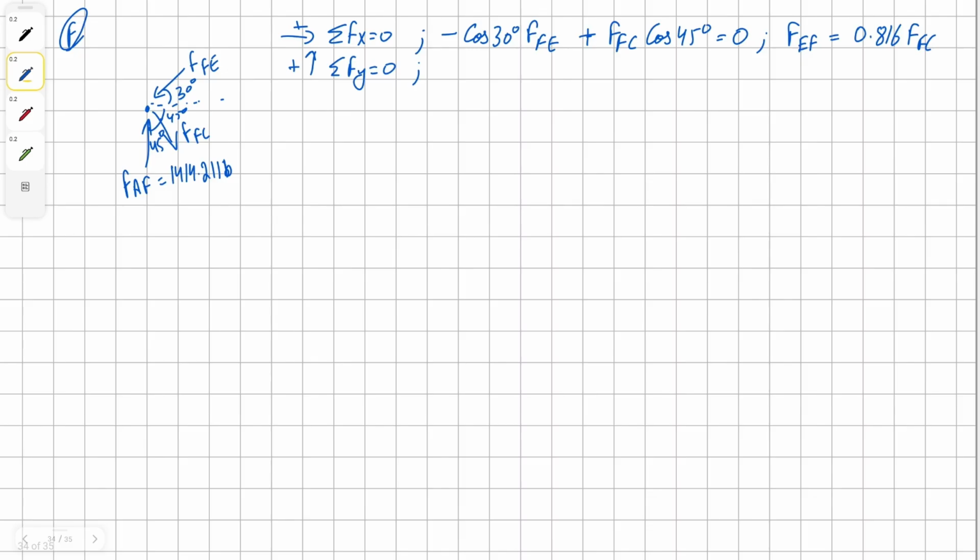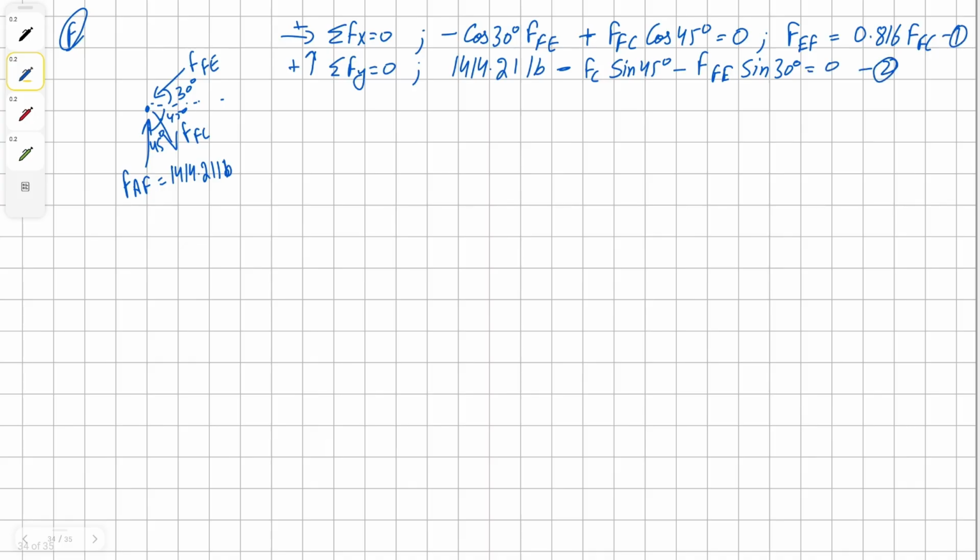We have known AF, 1414.21 pounds. Then we have the vertical component of FC, and then we have the vertical component of EF, all equals to 0.